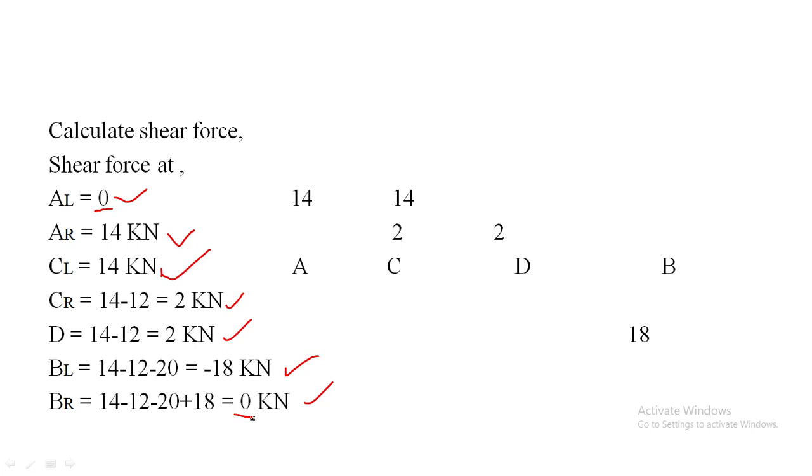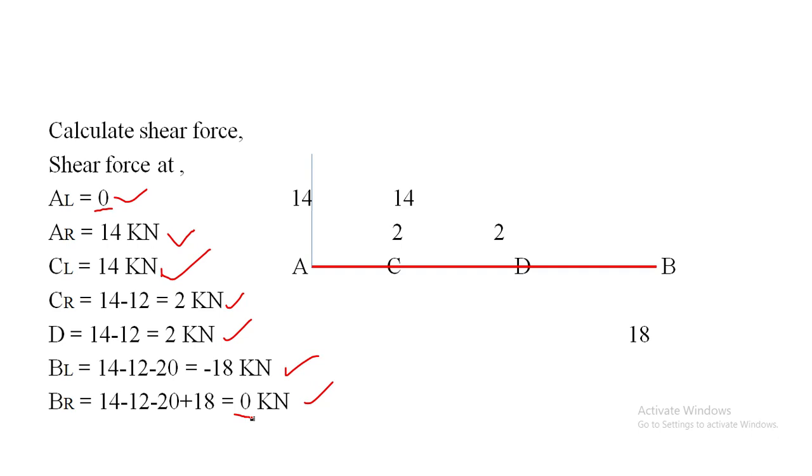And now our next step is to draw the shear force diagram. For drawing the shear force diagram, first draw one baseline or beam. That baseline is A, C, D, B. The next is A of left value is 0, A of right is 14. So draw a vertical line of 14 kilonewton at point A. Then C of left is 14 kilonewton and C of right is 2 kilonewton.